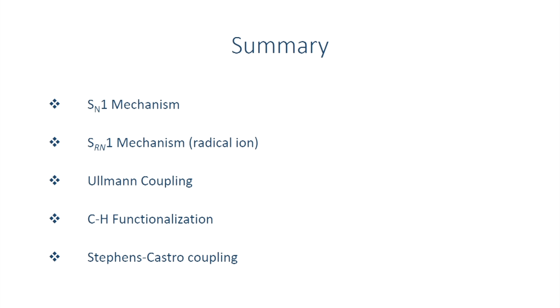In summary, in this class we have seen 5 types of reactions. First, we have seen the reactions of diazonium salt. If we have the aniline derivatives, they can be readily reacted to give the tetrafluoroborate salt and undergo nucleophilic substitution reaction. If you have an electron source, it can be converted into a radical ion.